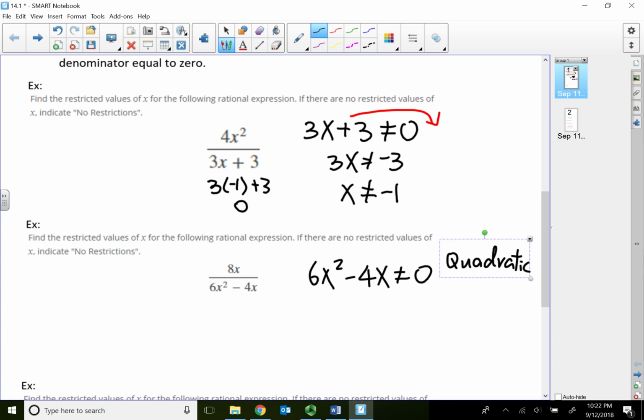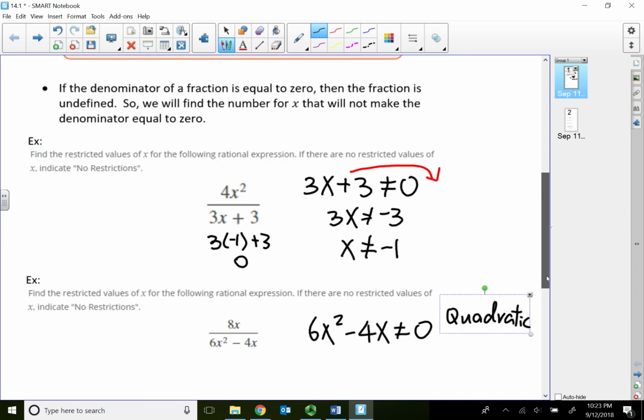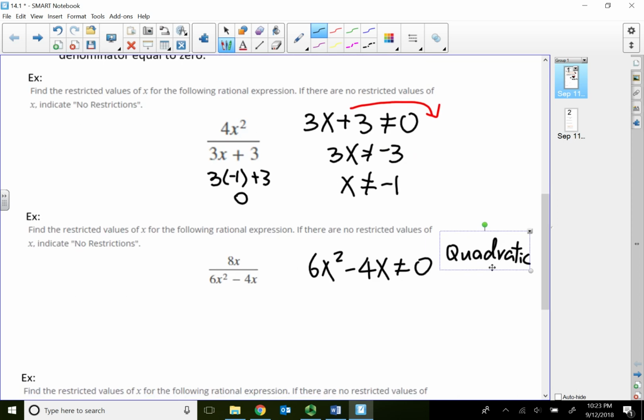I believe it was in module 12 or module 13 where we learned how to solve quadratic equations by factoring. I cannot quite remember.